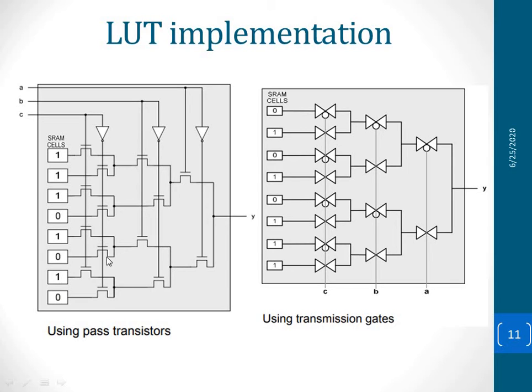Now in the pass transistors, as I said, if A, B, C are all 0, my 0 has to be selected. This is my LSB, this is my first combination. So when all three are 0, which is activating?